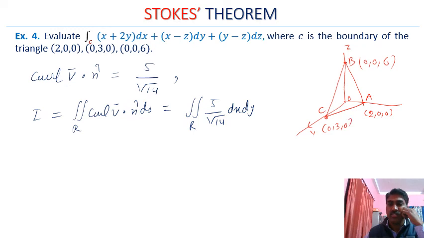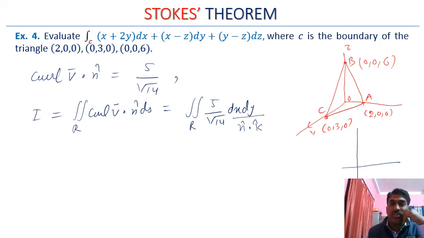So let us draw this separately on the xy plane. Why am I drawing this? Because we have considered ds as the projected surface on the xy plane. We have written ds as dx dy by n dot k. We have already discussed a lot about this.